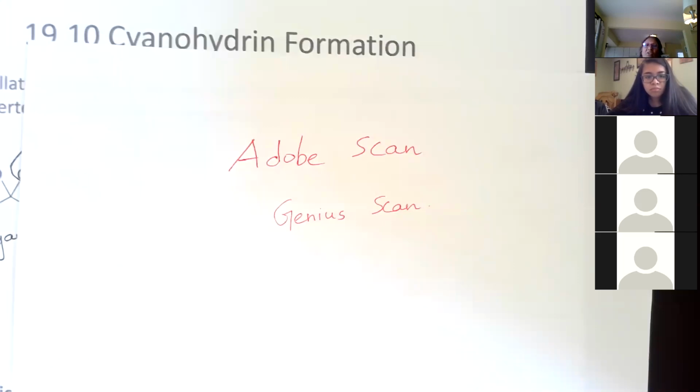But Adobe Scan, I tried it today and it worked fine. I have an Android phone, but I think it works for iPhones as well.